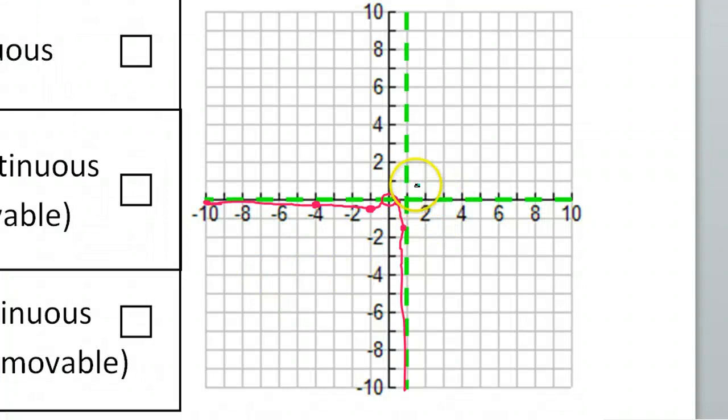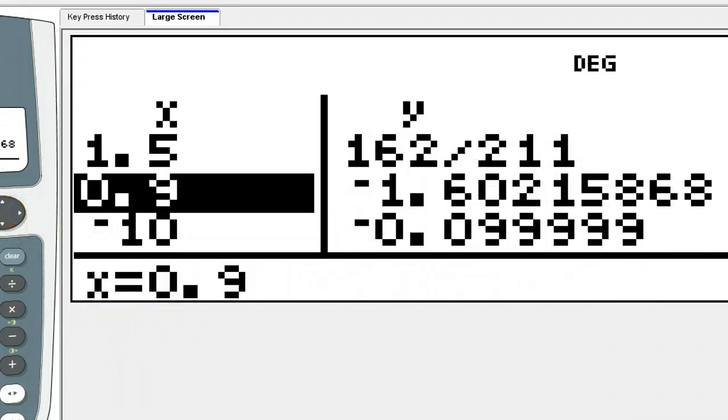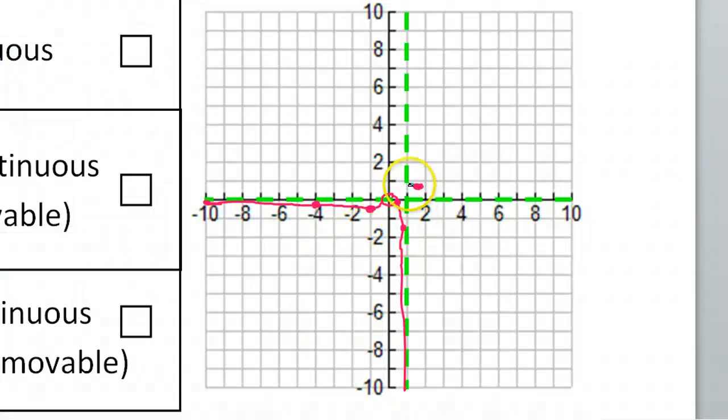So at 1.5, I'm at like 0.7. I'm betting at 1.1 it'll be higher than that. So let's see what happens at 1.1. All right, it's like 2.4. So right up against this asymptote, I'm at like 2.4. So it's clearly going up.